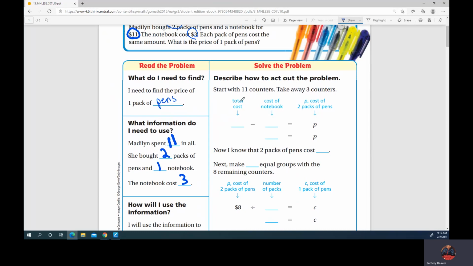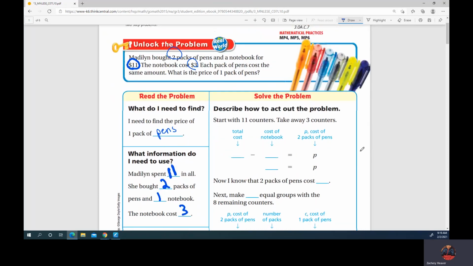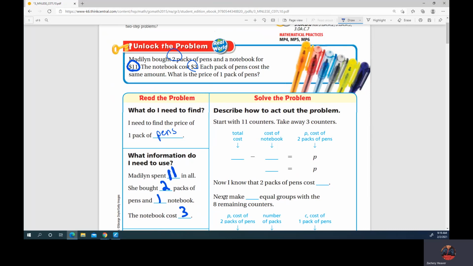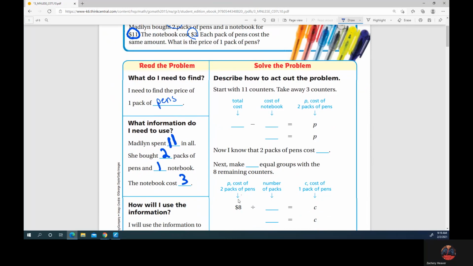We have 11 counters because she spent $11. We're going to take away 3 because we already know the cost of the notebook. So 11 minus 3 equals P, P for price of the packs of pens, which is the cost of 2 pens. 11 minus 3 equals 8, if you hear my cat, I'm sorry.